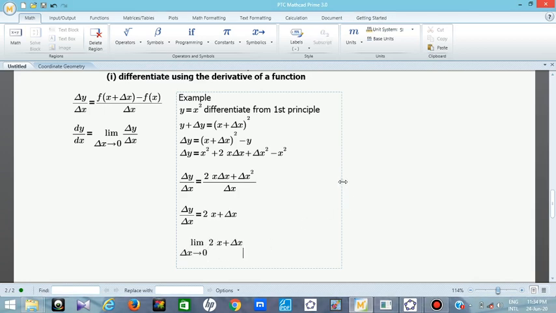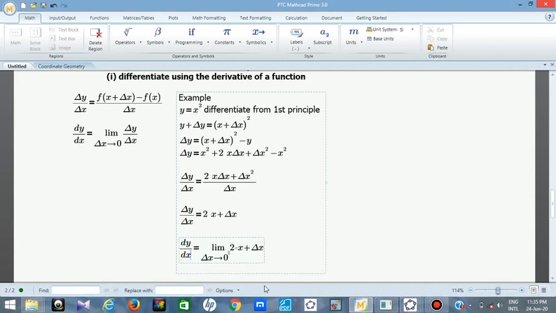So what does this mean? It means that when delta x approaches 0, when we substitute 0 in this place, don't forget what we said, then this value is going to be equal to the answer we need now, which is dy dx. So whatever you have as your limit, that was your final answer.